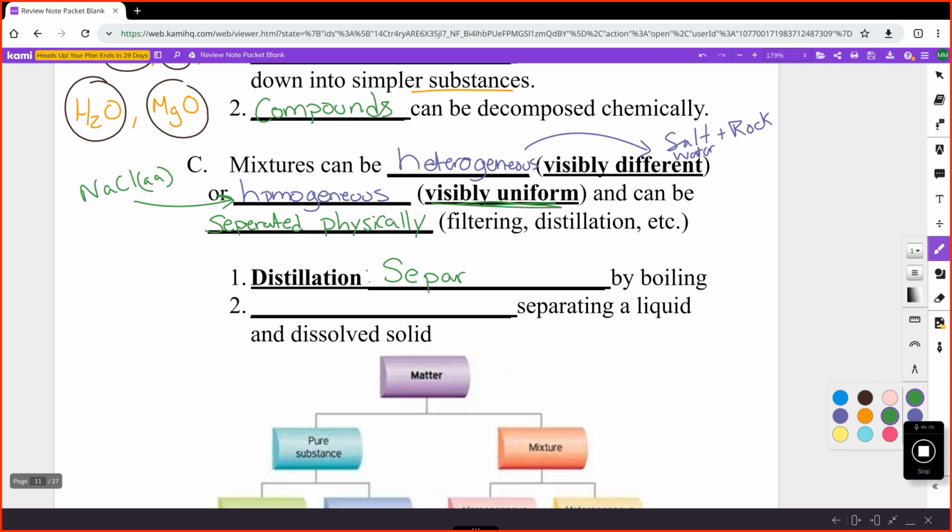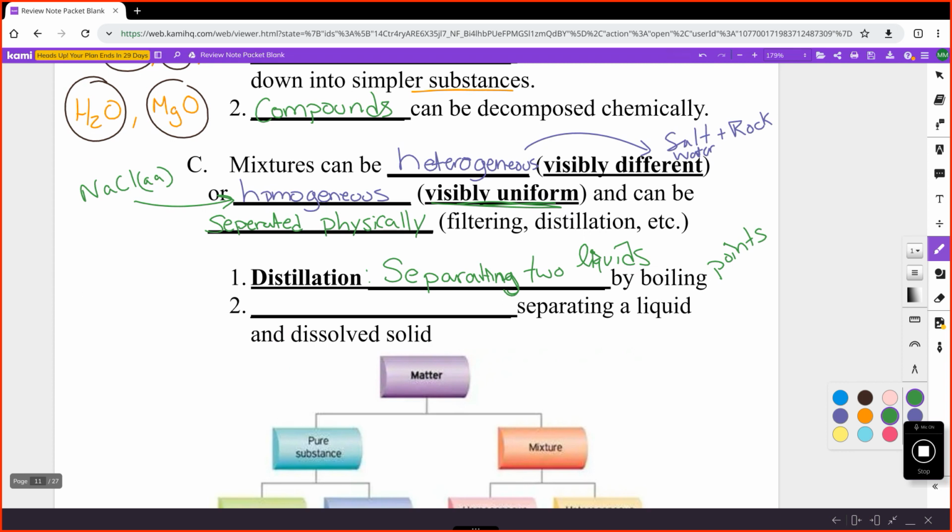Right? And distillation is when we separate two liquids. Okay? When you separate liquids, you do it by their boiling points. Right? So water and ethanol, they have two different boiling points. If we bring the temperature high enough, the ethanol will evaporate, but the water won't.